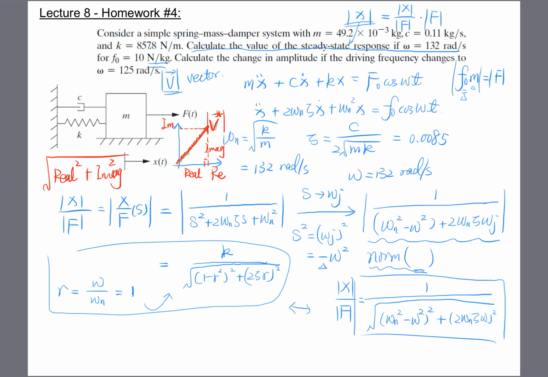To make it simple, the norm is the length of the vector, and the norm for a complex number is the length of the phasor in the complex domain. Okay, so let's move forward.